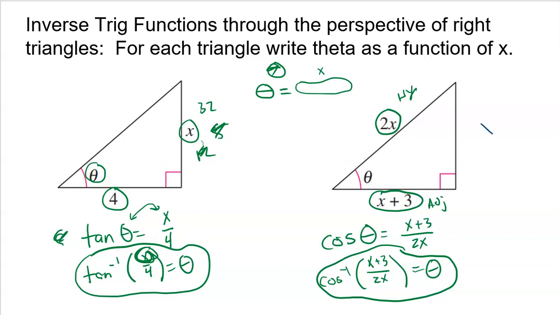So if I whisper into your ear, x is 5, this becomes 10, this becomes 8, and I would plug 5 in here, I'd get 8 over 10, I would do an inverse cosine of 8 over 10, and voila, I would know my angle. Or maybe a birdie whispers into my ear, x is 12.